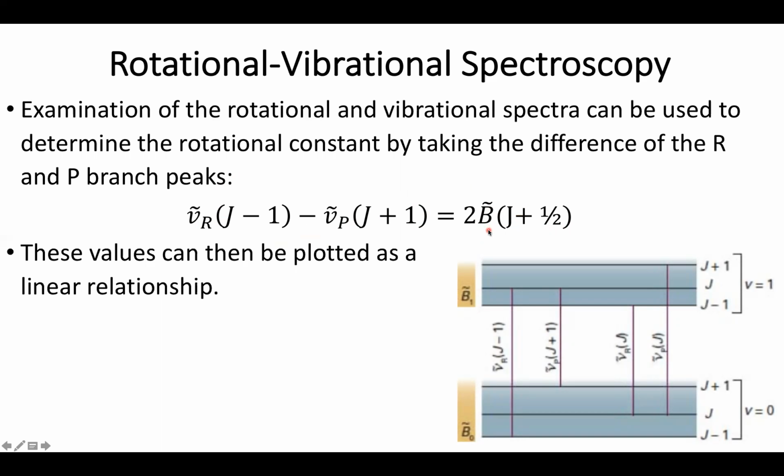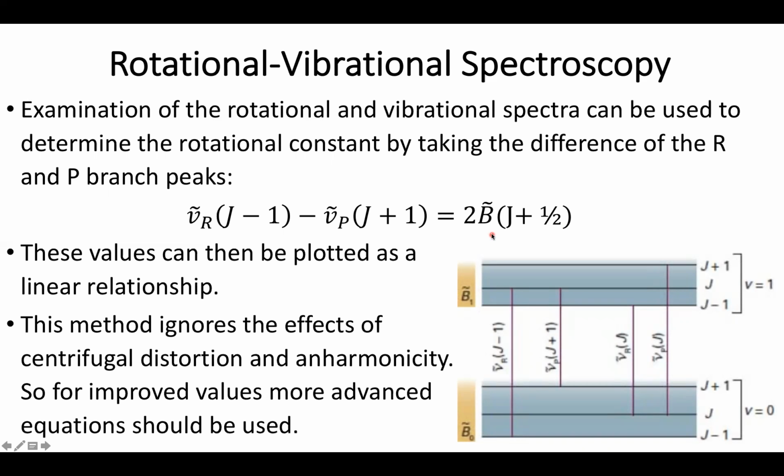So this is essentially a good way to A, double check your data, but also B, obtain your rotational constant. Not to mention, you can get your vibrational constant simply by then subtracting out your rotational constant and then getting the vibrational values.